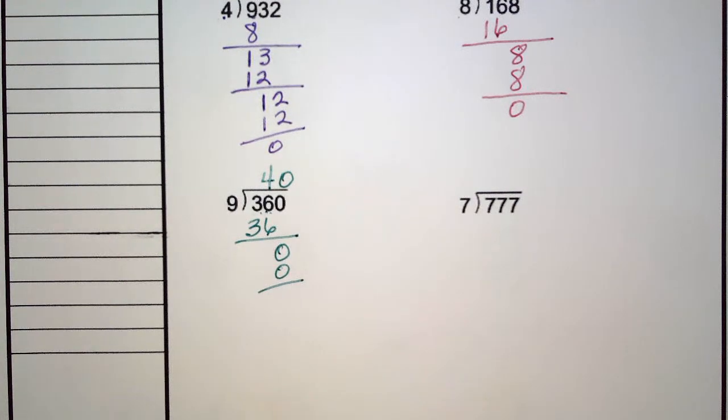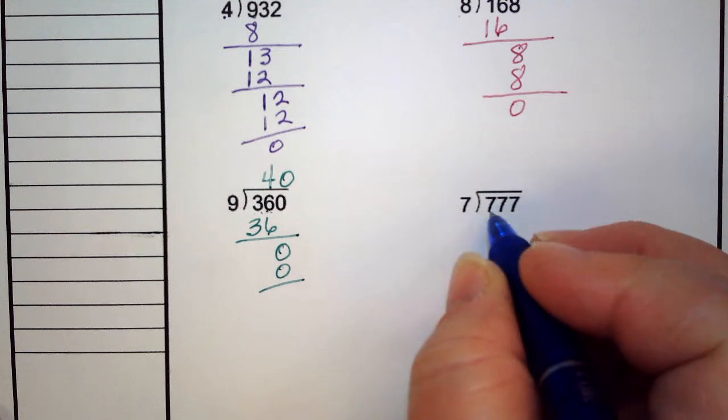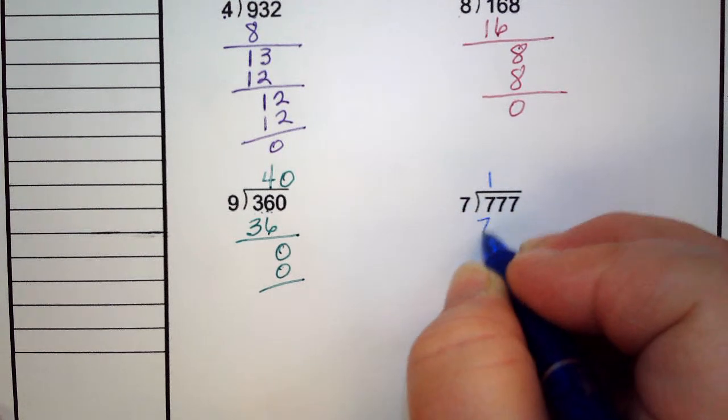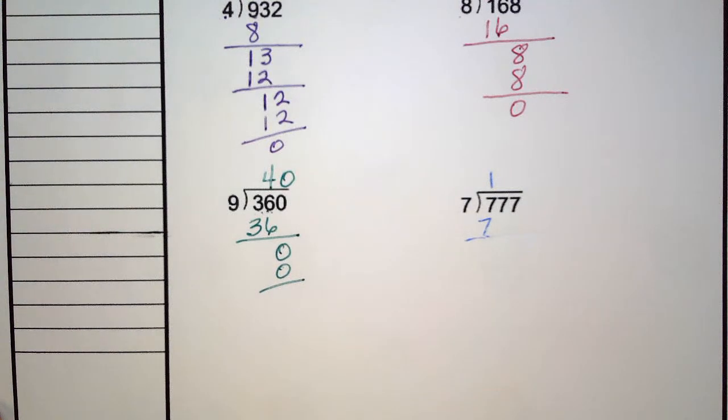If we're looking at the next one, it's almost to where you could do it in your head if you're thinking about the right process. Division. 7 divided by 7 is 1. 1 times 7 is 7. 7 minus 7 is 0.